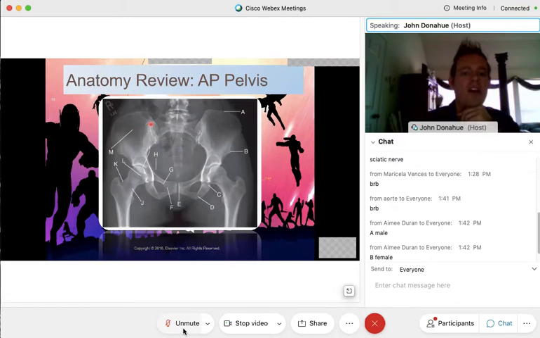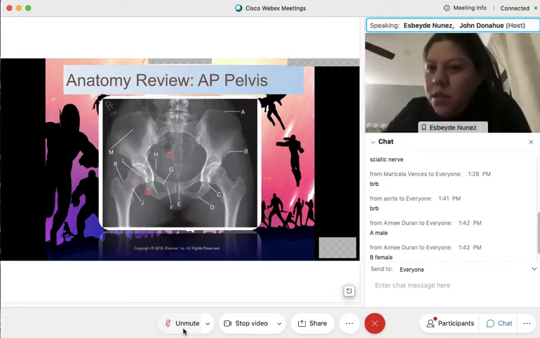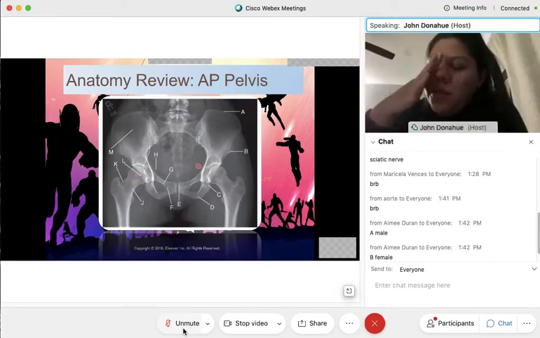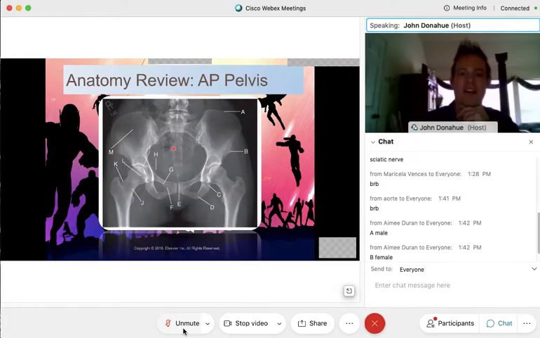And this area outside the brim, is that the true or false pelvis? Right is false. False. Inside is true. That's the false pelvis. And then the area inside would be the true pelvis. And last question, is this a male or female pelvis?